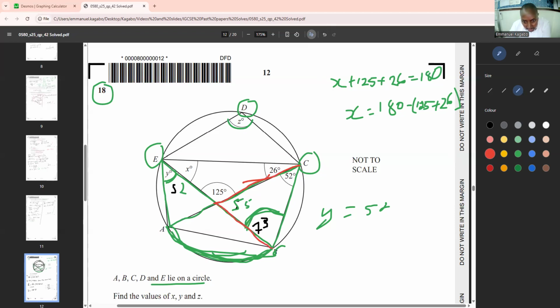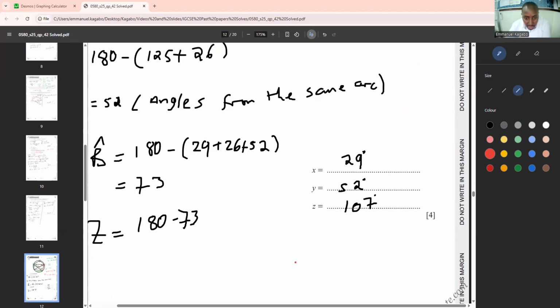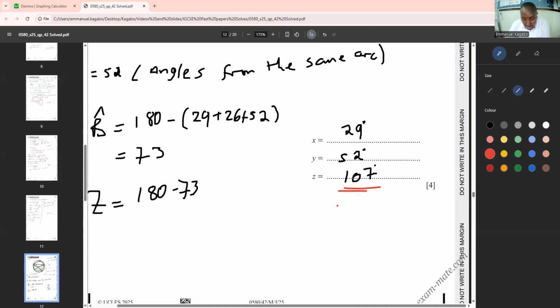So you get 73, and then 73 plus z plus 73 gives me 180 degrees, because angles in a cyclic quadrilateral add up to 180. So z will be equal to 180 minus 73, and that gives you z as 107.